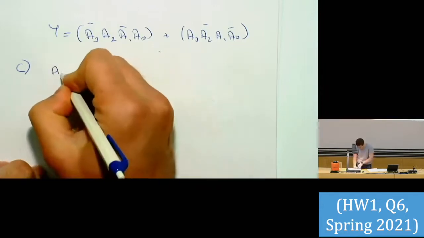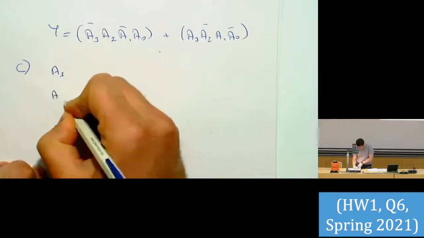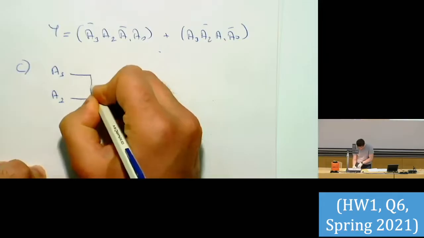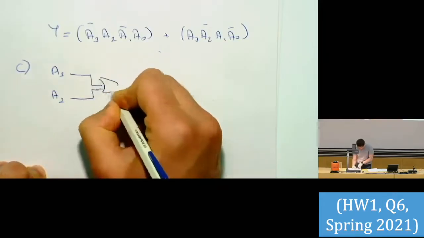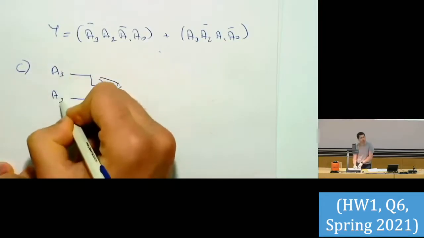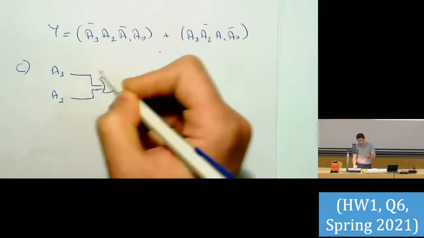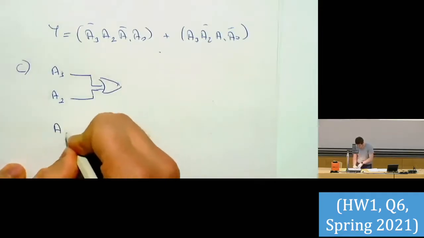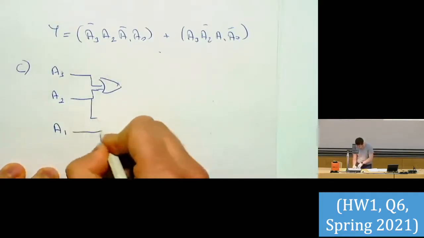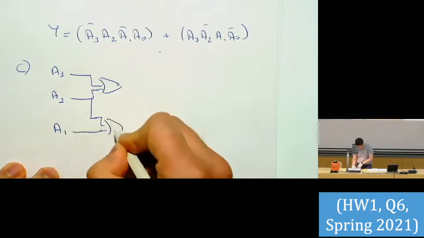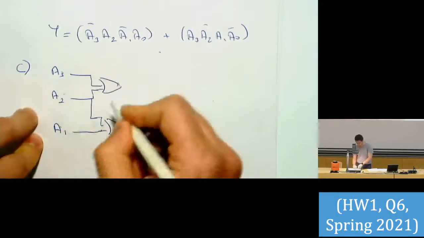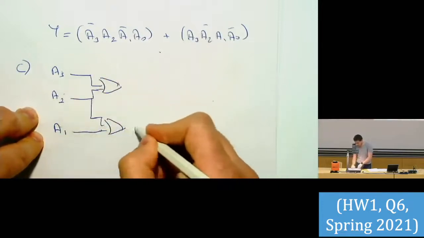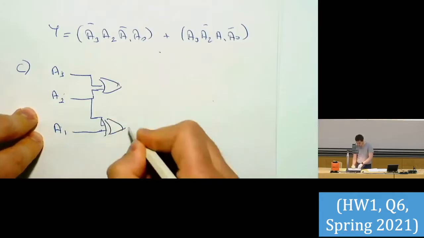So then how can I write it in that manner? This ensures that those 2 inputs won't be equal, or it will give 1 when those are not equal to each other. For this one, A2 and A1, when A2 and A1 are not equal to each other, then the XOR will give us the 1 again.